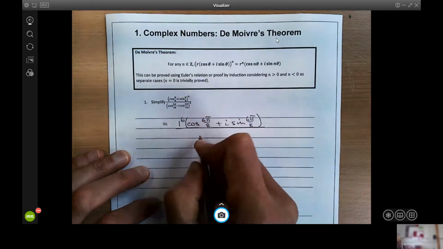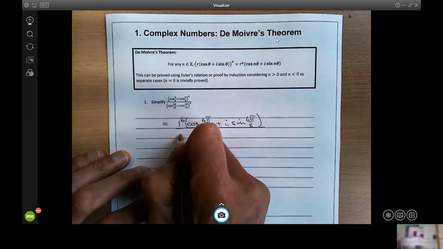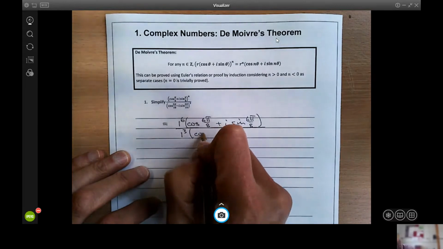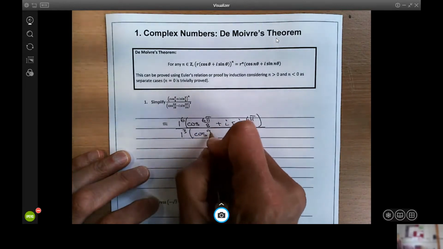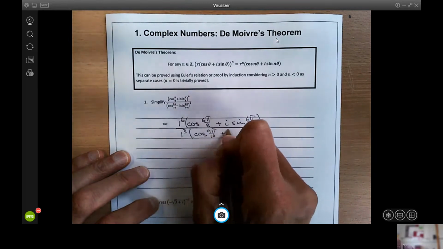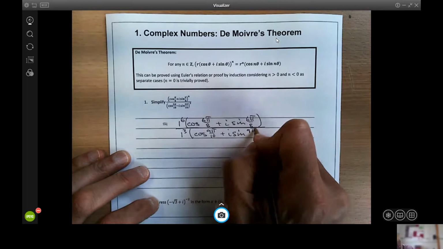Divided by, here we want the power of 3, so we're going to have 1 cubed times cos(9π/10) + i sin(9π/10).